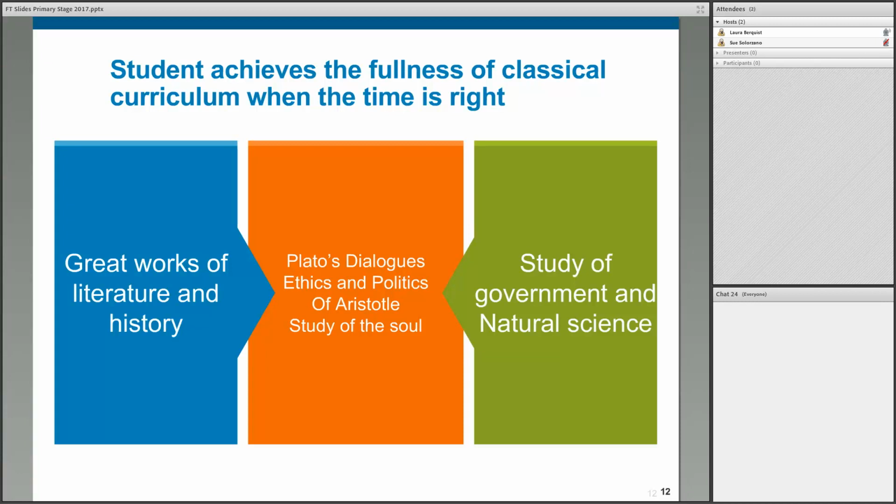So for those of us who are aware of the fullness of the classical curriculum, what we're actually aiming for, there's an intentional ordering of our beginning curriculum, of our kindergarten, first, second, third, fourth, fifth grade, all of that. There's an intentional ordering of the parts of that to this kind of fullness of classical education.